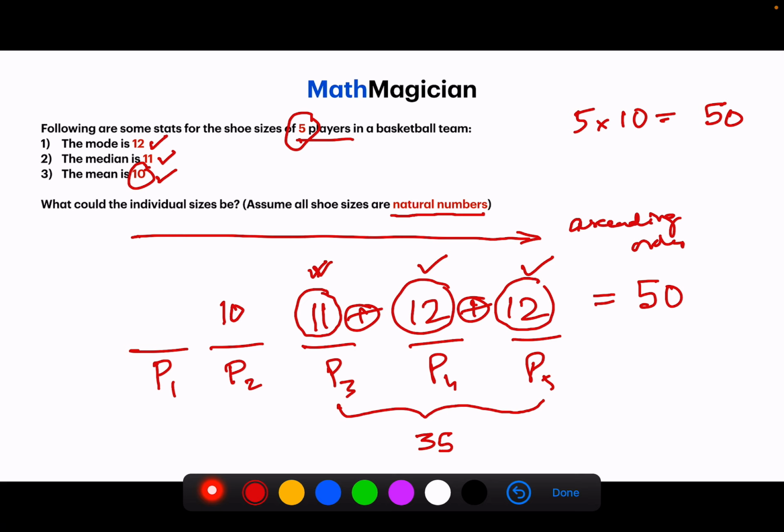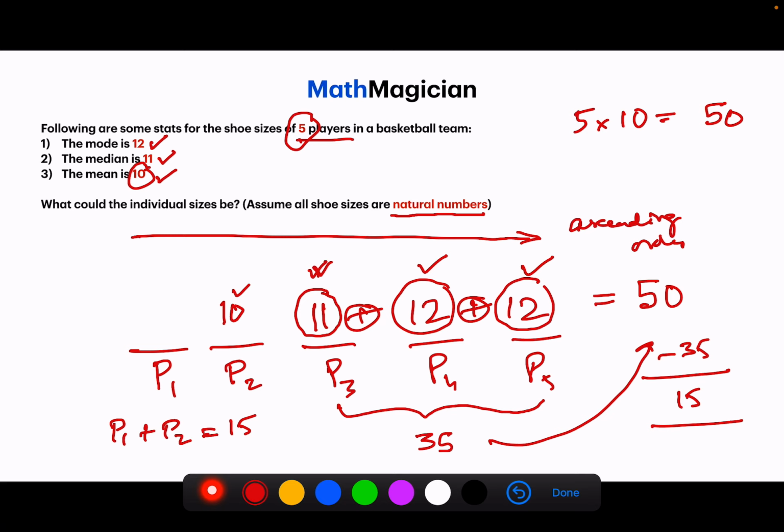And if you subtract 35 from 50, you are left with 15, which means P1 plus P2 is going to be 15. So that's an equation that you can work with. In our first trial, we've assumed that P2 is 10. If P2 is 10, then P1 must be 5. So this is one possible solution. Remember, that's one possible solution. It's not the only solution.